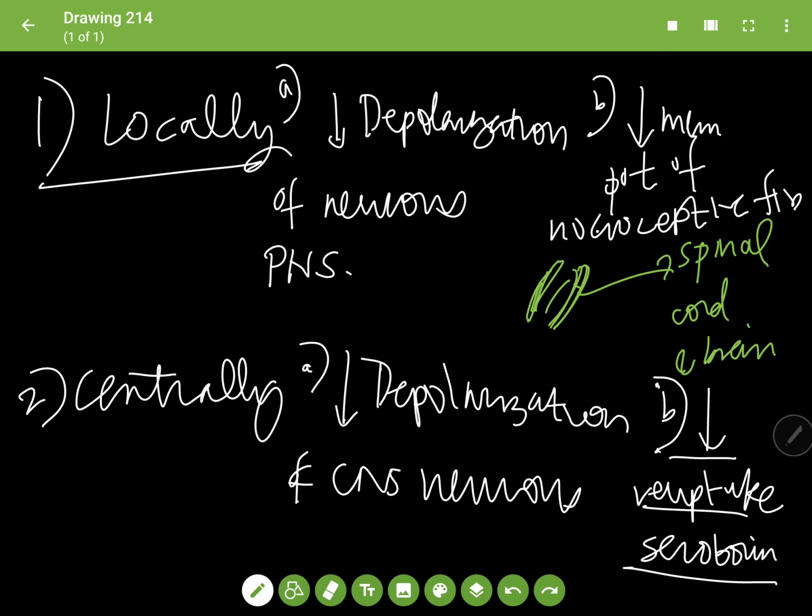And a third method, which is not exclusively central, but mostly central, is acting on the opioid receptors. So agonism of opioid receptors.